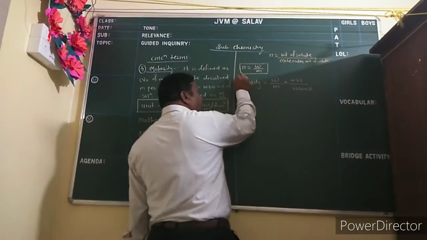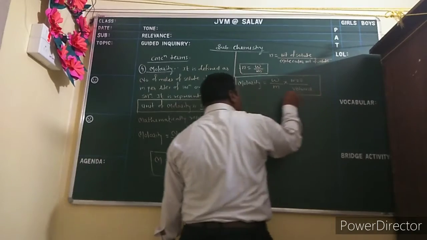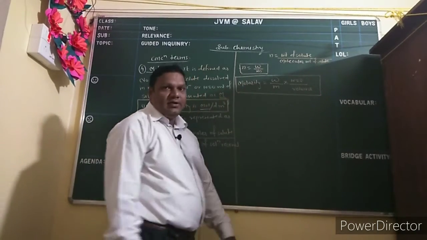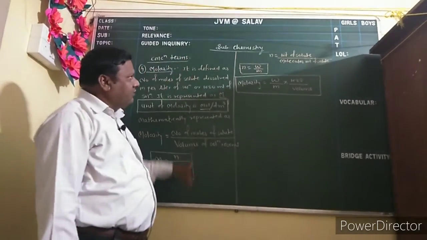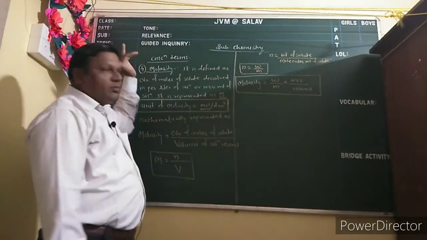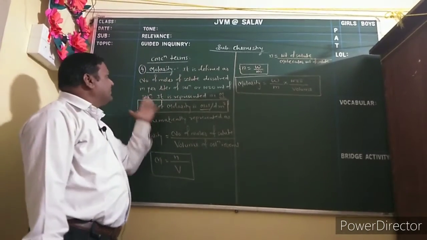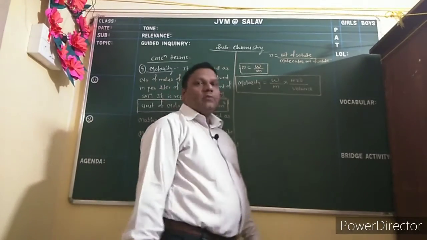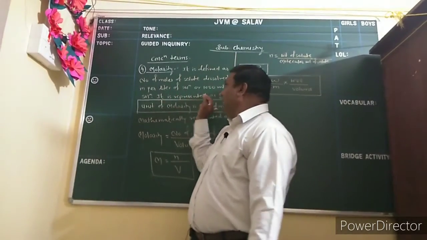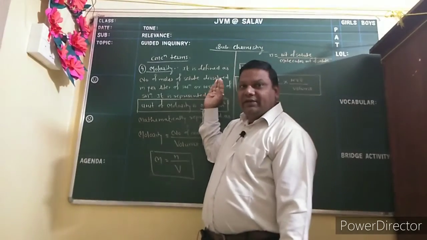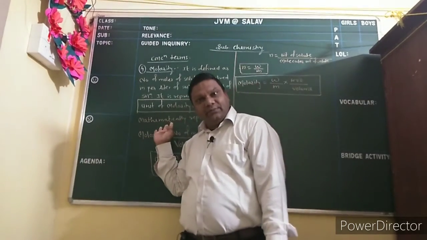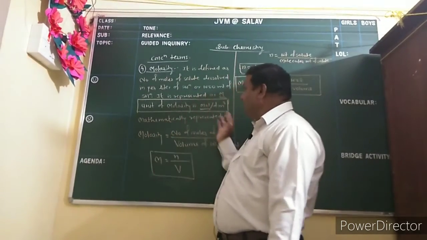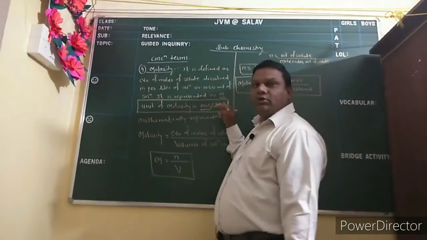So this is the formula of molarity. Kindly note that down. Again I repeat it, molarity is defined as the number of moles of solute dissolved per liter of solution, and it is represented by capital M, and the unit of molarity is mole per dm cube.